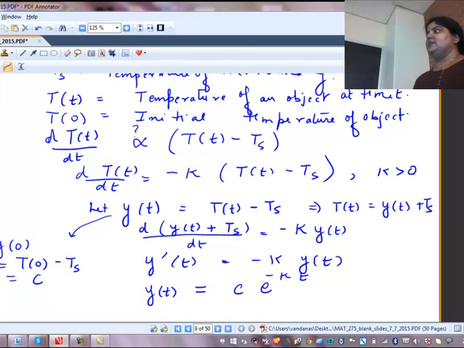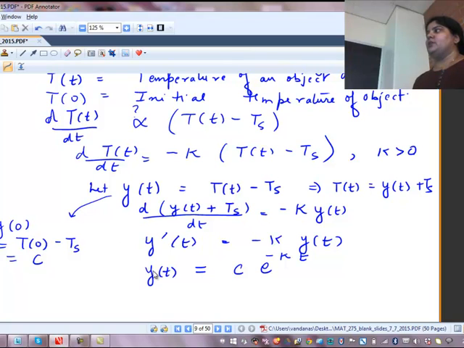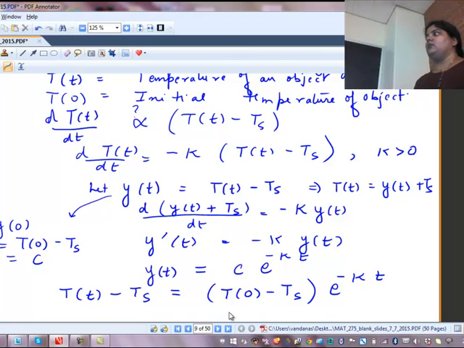I will replace this C by this expression, and I will further replace y with this, because I eventually want capital T(t). Okay, so I am replacing here y with T(t) minus Ts. I am replacing this constant with the initial condition T0 minus Ts and e to the power minus kt.